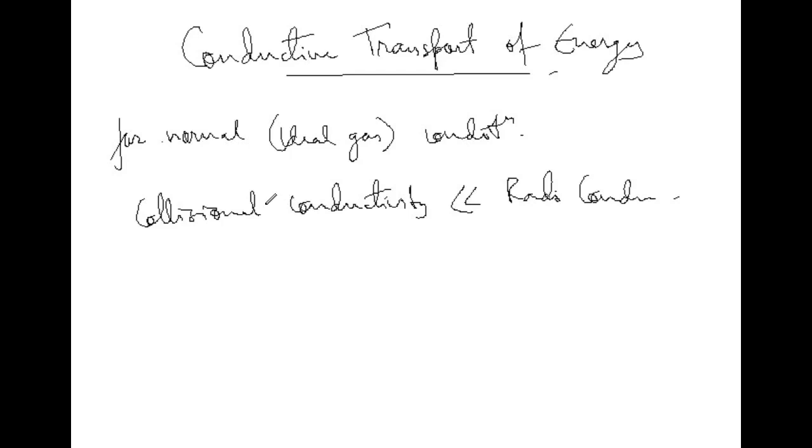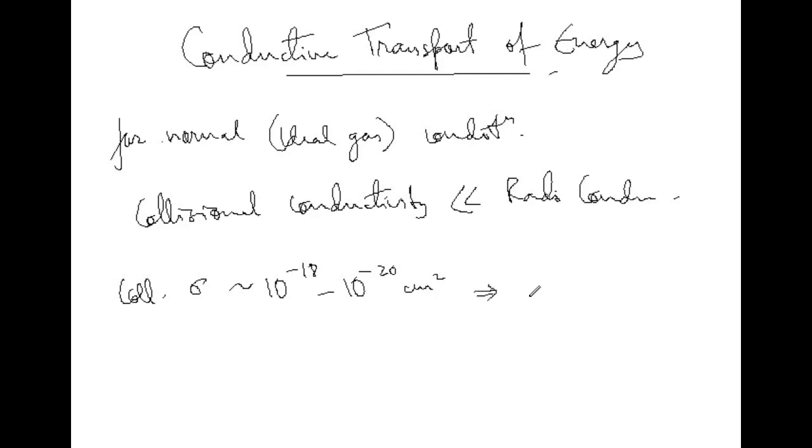Now, collisional cross sections are typically of the order of 10 to the power minus 18 to minus 20 centimeter square at the temperature in stellar interiors, and this gives rise to a mean free path for collisions which is several orders of magnitude smaller than the mean free path for photons.